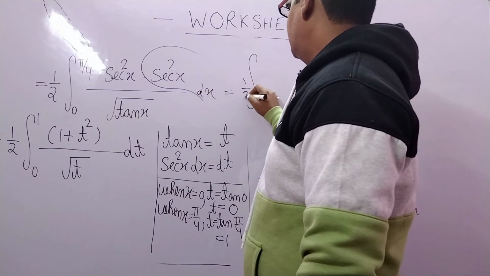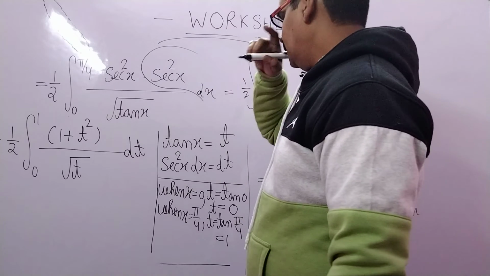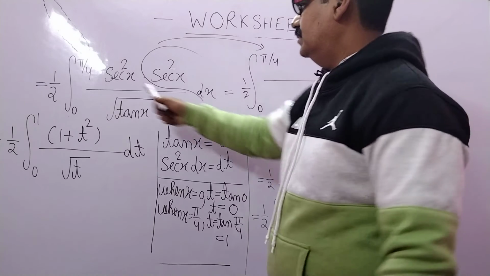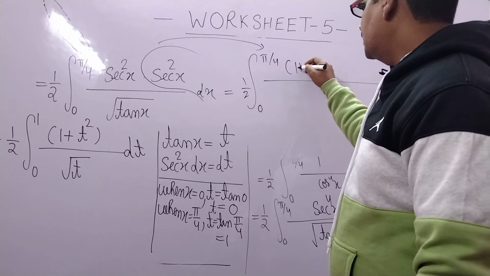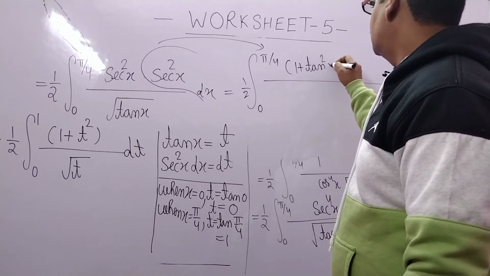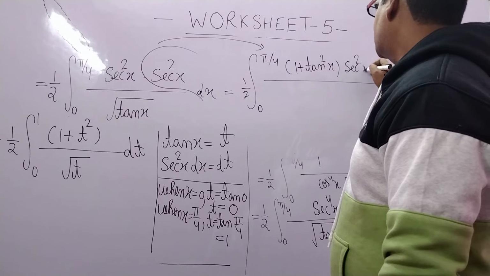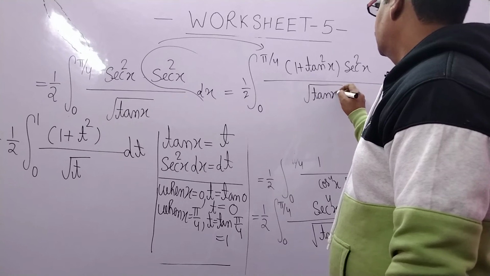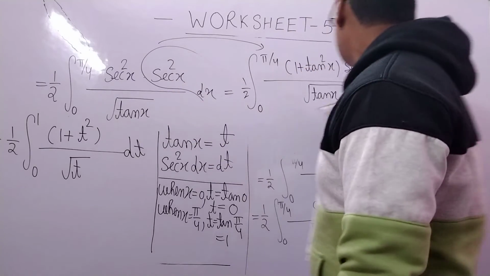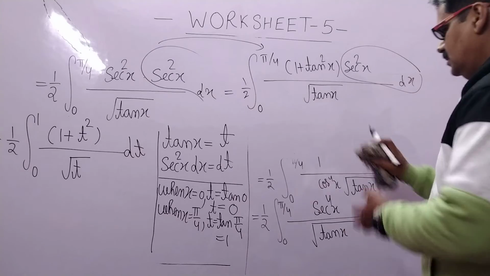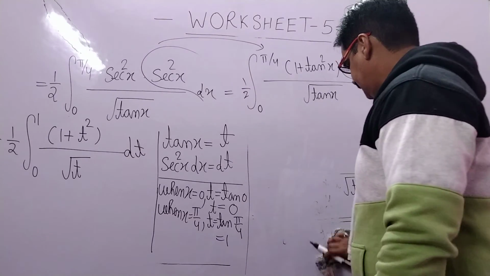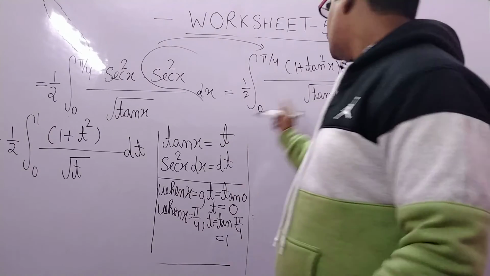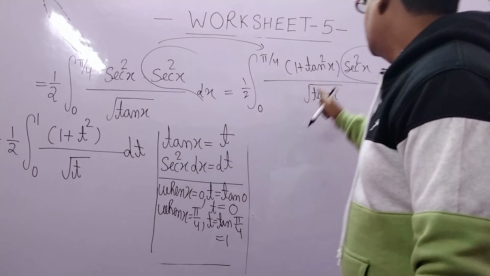We can write it as 1 by 2, integral 0 to pi/4. Value of sec square x is 1 plus tan square x, sec square x dx root tan x. Now sec square x dx becomes dt.